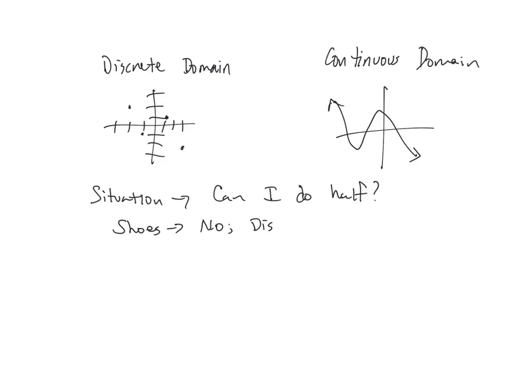I mean, you can, you just can't wear it, right? So we're not going to get technical and say, well, technically you could have half a shoe. It's true, but it still makes it discrete. Time, can you do half a minute? Can you do half an hour? Yes. Continuous. Okay, can I do half?